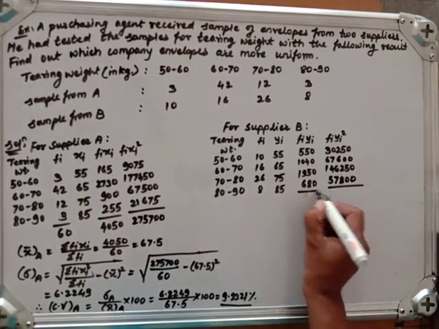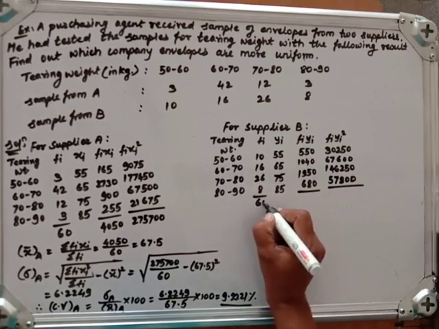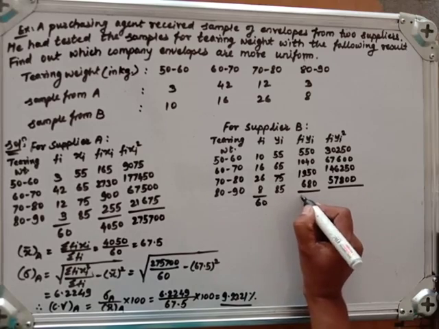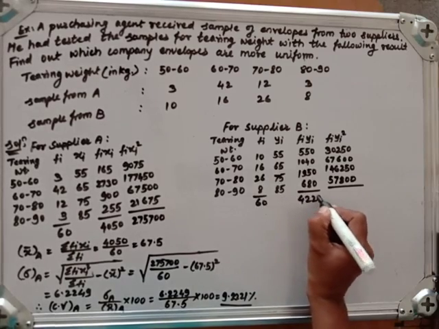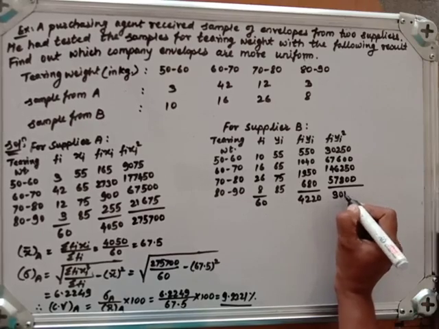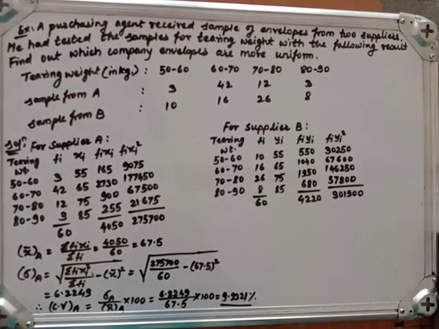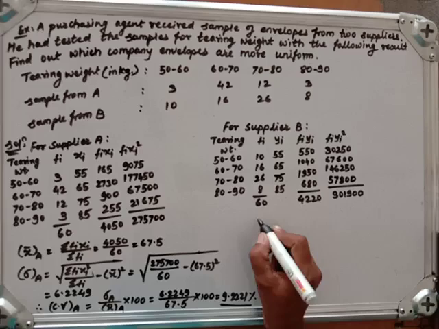Now this sum, this and this one we need. So this summation will be 60. Here 4220. Here it will be 3,01,900. Fine. Now again determine the same CV for B.